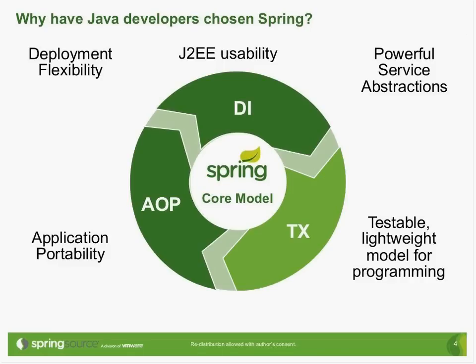The three main pillars of Spring are depicted here on this diagram. The first one, DI, or dependency injection.